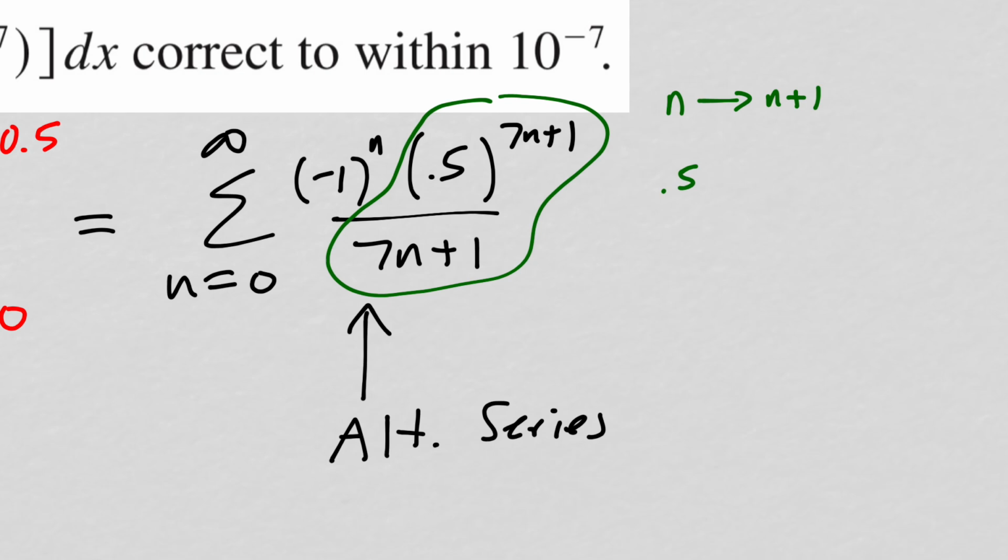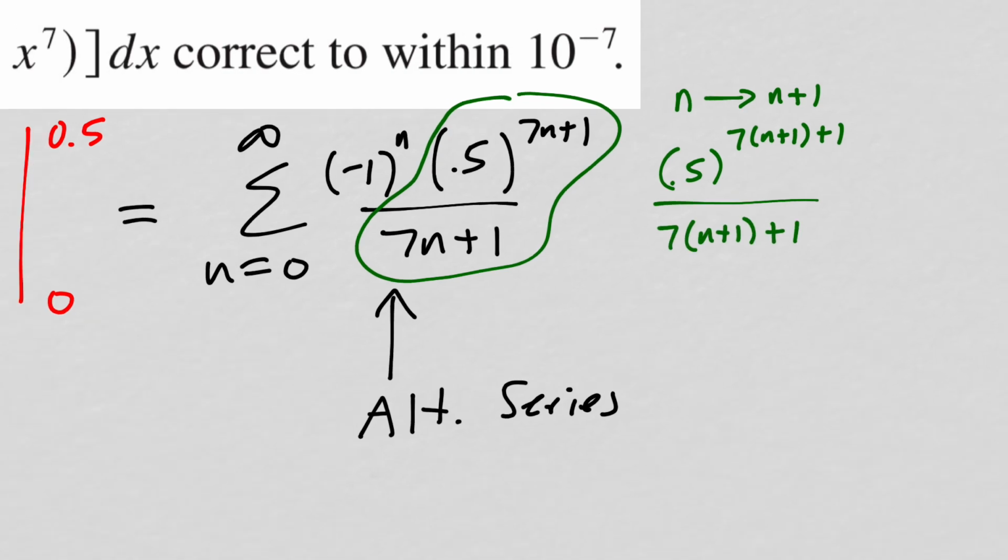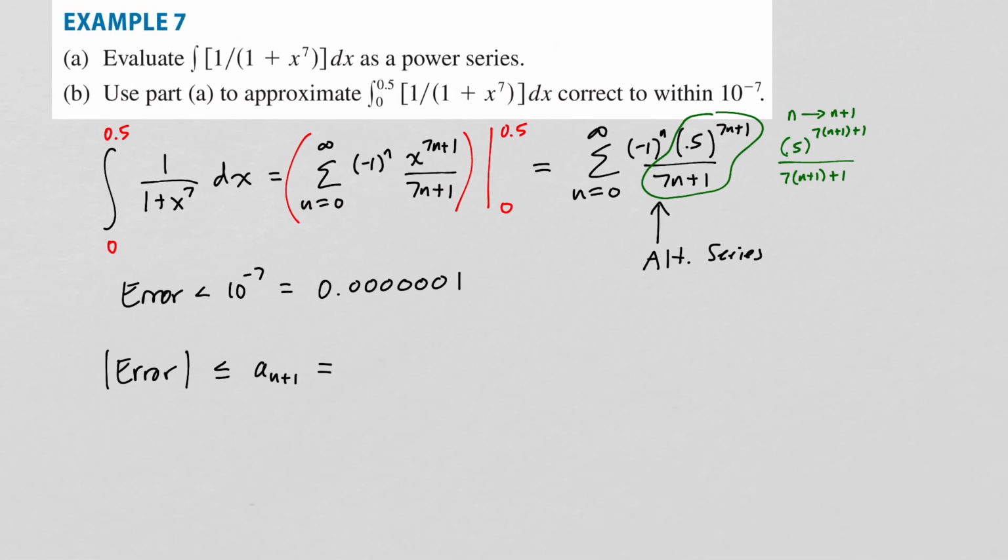So it is 0.5 to the 7 times n plus 1 over 7 times n plus 1 plus 1. And so that n plus 1 term is 0.5 to the power 7n plus 8 divided by 7n plus 8. And we want that to be less than 0.000001.